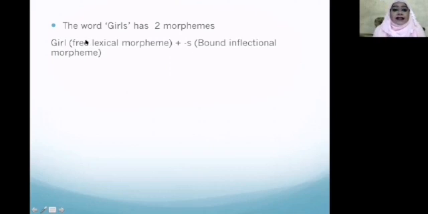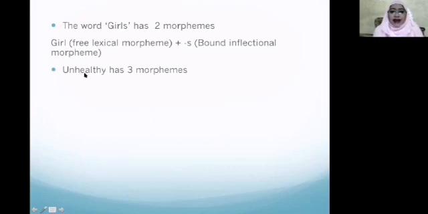Okay, and this free morpheme is also called root. This is the root of the word that we cannot further subdivide. Can you subdivide girl anymore? If we divide it, it will not have any meaning. So it will be destroyed. So we call it either free morpheme, or we can also call it the root of the word.